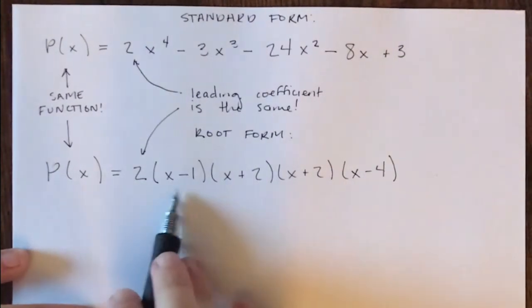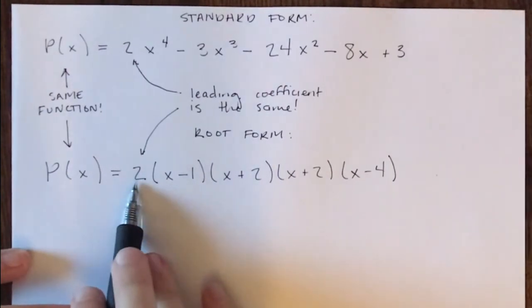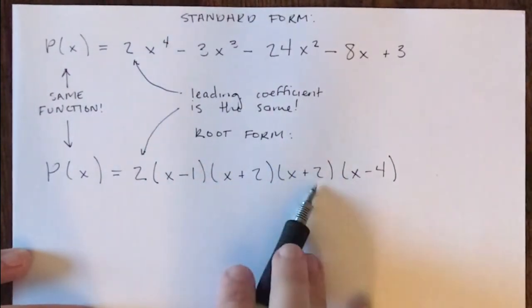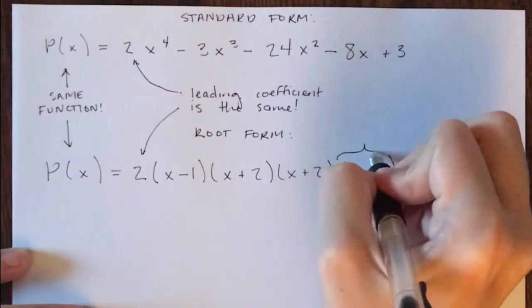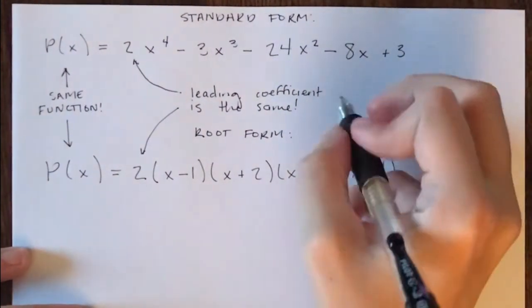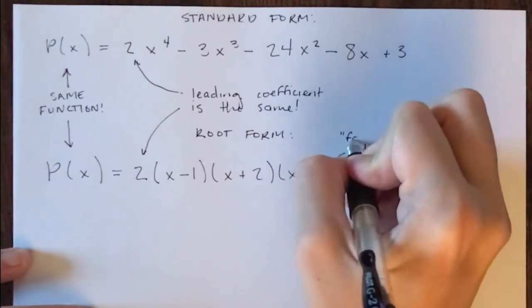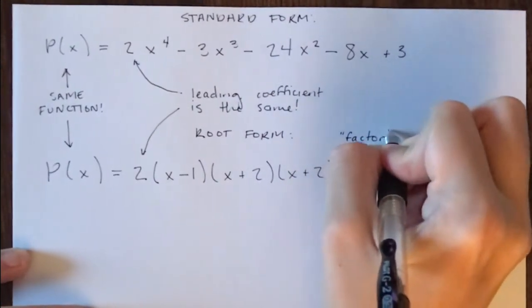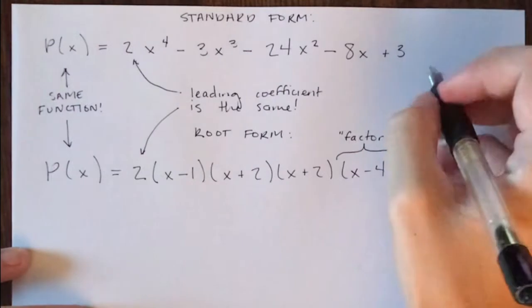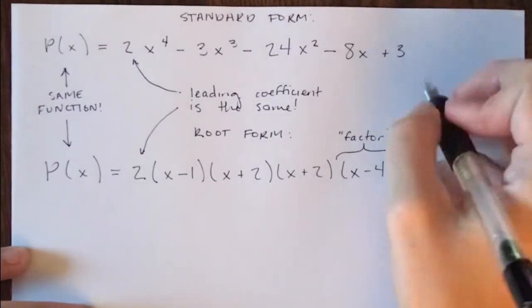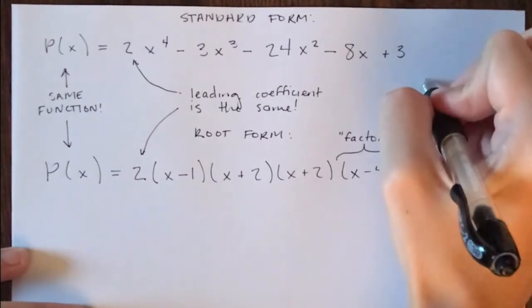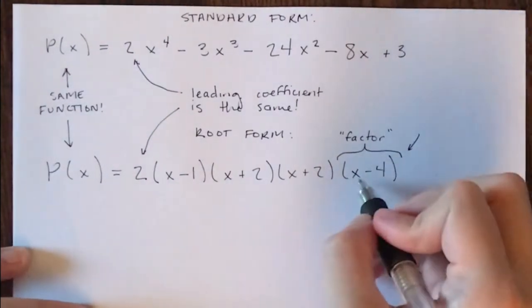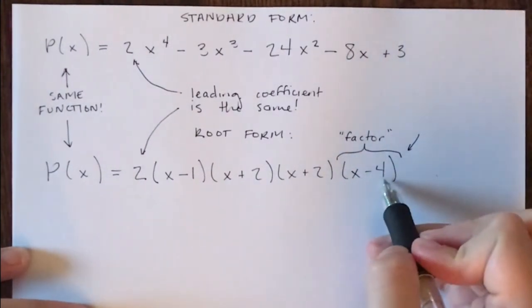So again, the parts of root form we have are the leading coefficient and then the roots. Each of these parentheses units is what we call a factor. Remember, in root form we had x minus the root.